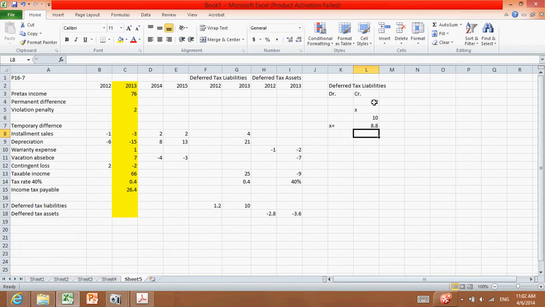at the beginning of the year, the balance was, I don't want to have a negative sign in my T account, so I added a minus sign. I had a 2.8 balance. At the end of the year, I have 3.6 million of balance. So during the year, my asset is increased by 3.6 minus 2.8, $8.8 million.